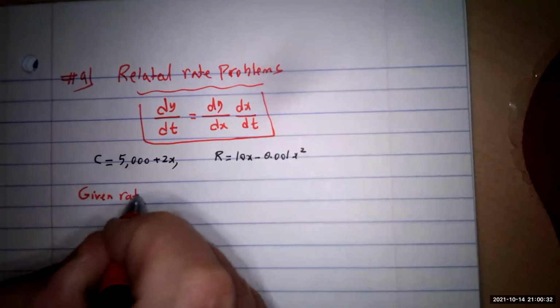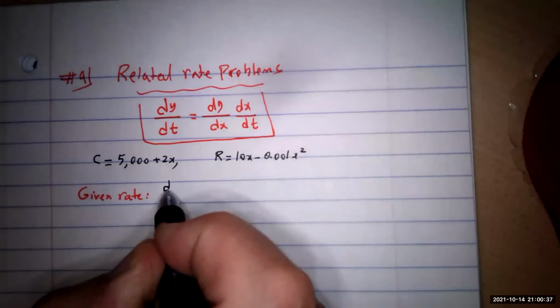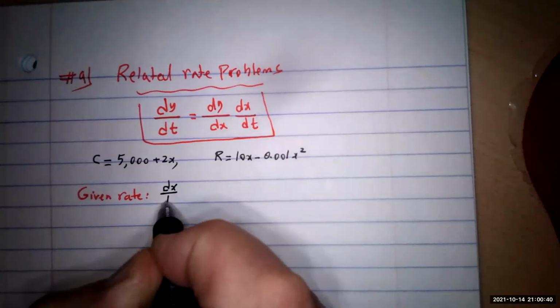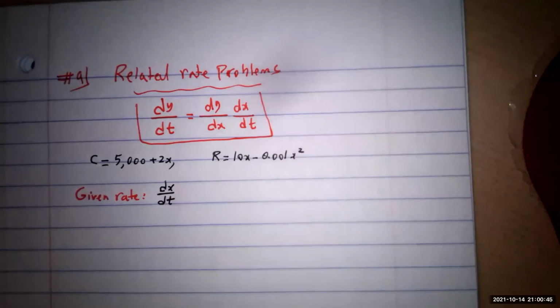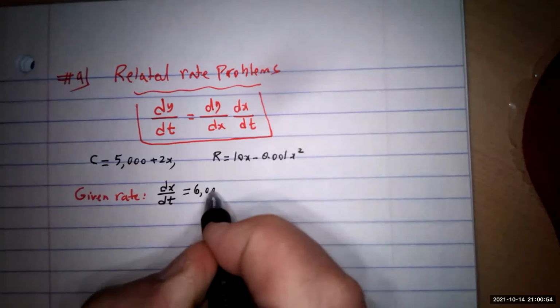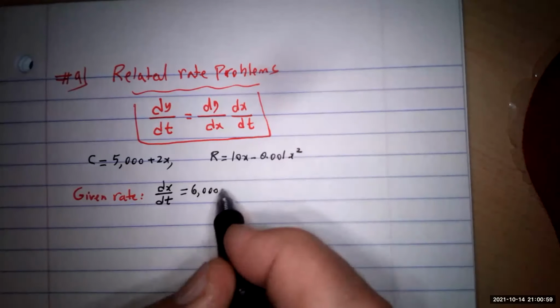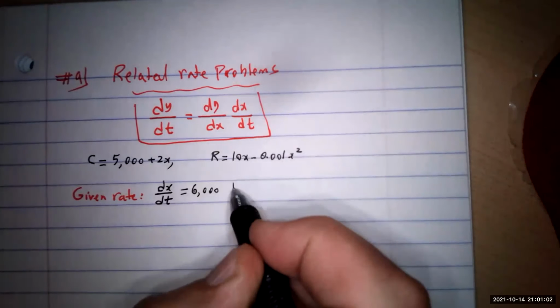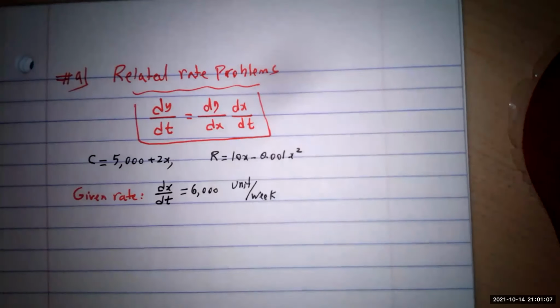They give you the rate of the production, which is dx/dt. x is the number of products, so the rate of x, the speed of the production, is dx/dt. They give you this number: 6,000 flash drives per week. That's going to be your known rate.